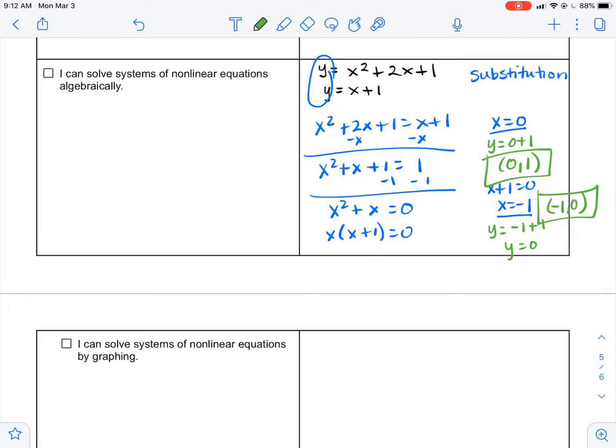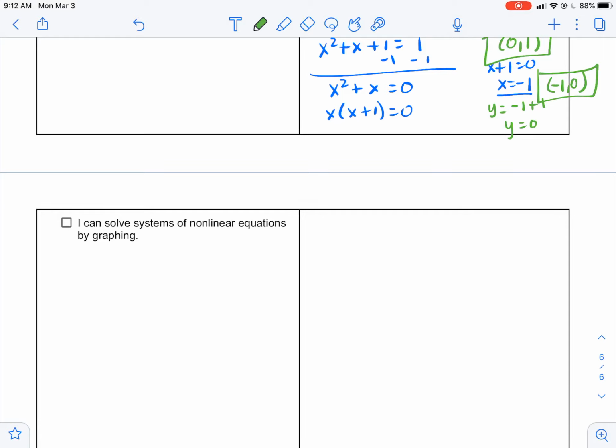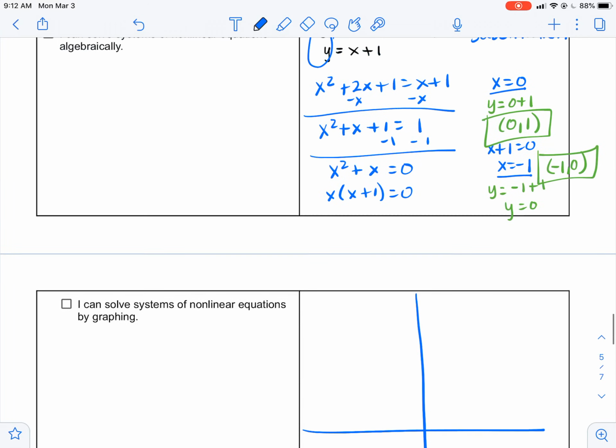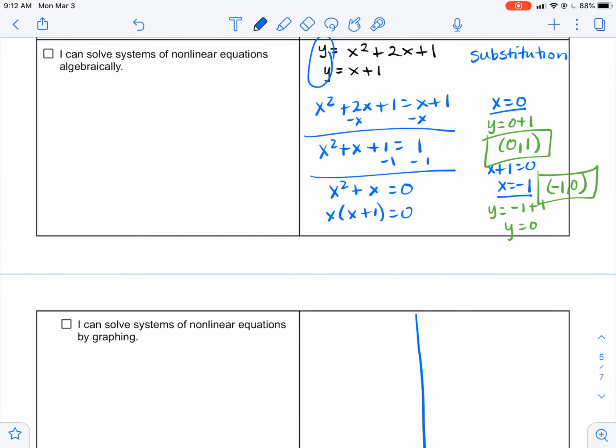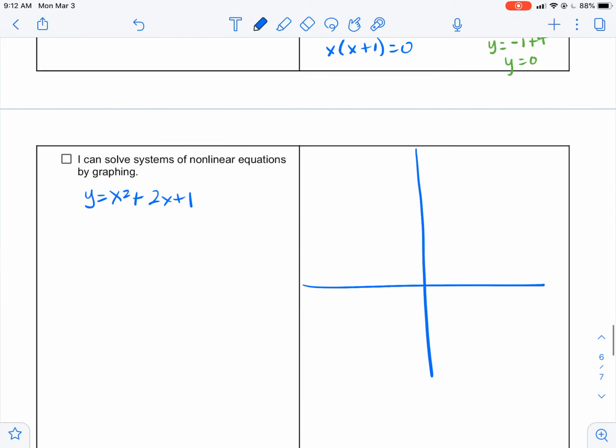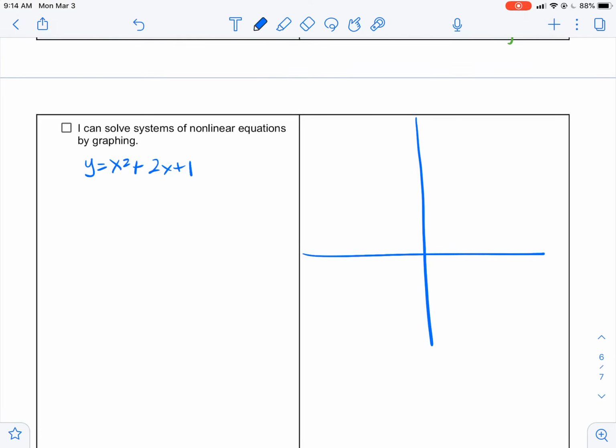Okay? Now let's look at it graphically. So I am going to graph those two equations. My first equation is y equals x squared plus 2x plus 1. And so I am going to do negative b over 2a. I told you I would show you one of those.